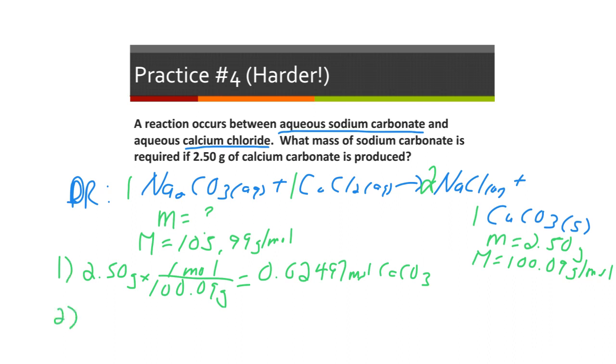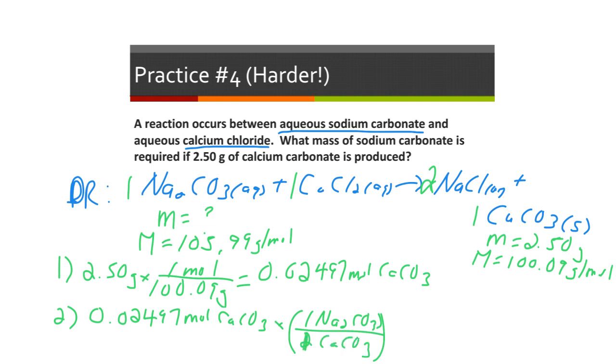Step two, we convert the moles of calcium carbonate into moles of sodium carbonate. Our mole ratio here is 1 mole of sodium carbonate over 1 mole of calcium carbonate. So the moles here are 0.02497 moles of sodium carbonate.